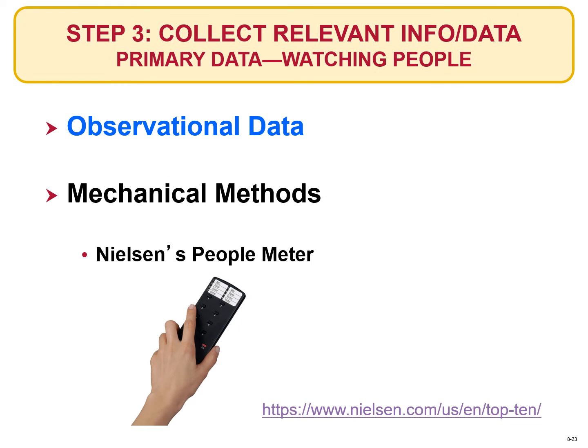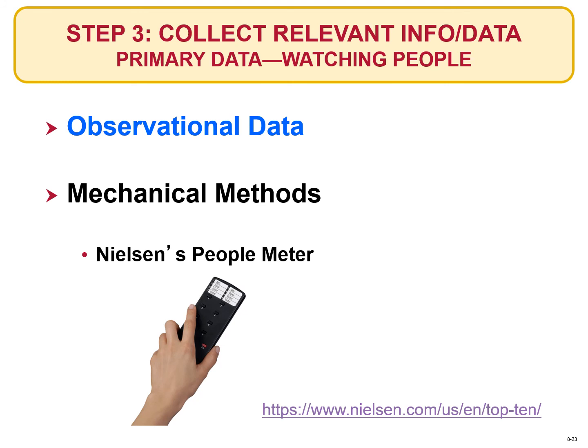So there are mechanical methods that we can use to watch people. For example, there's Nielsen's people meter. A people meter is generally used for measuring the viewing habits of television, consumers' viewing habits of television. And through the people meter, we can basically capture which channels people are watching, or which TV program people are watching the most, and all of that stuff.